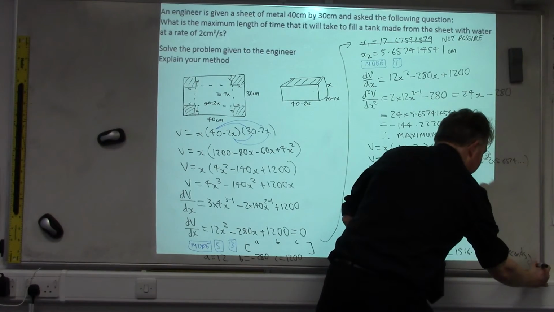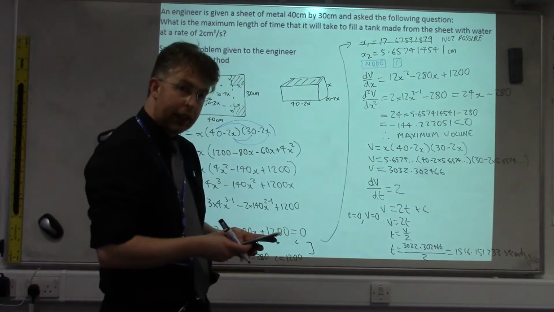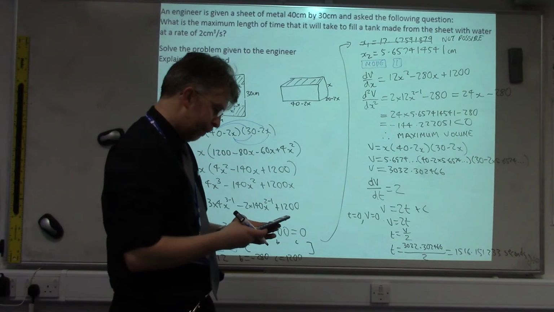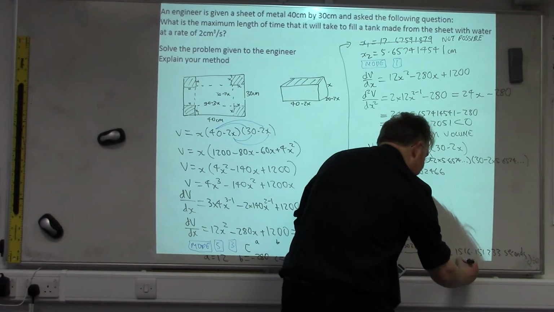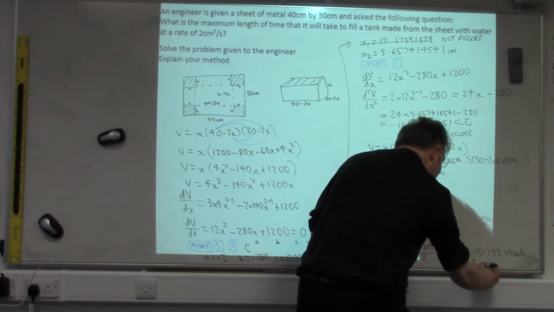That isn't a particularly useful measurement, so dividing by 60 will tell us how many minutes, because there's 60 seconds in a minute. So to 3 significant figures, it's 25.3 minutes.